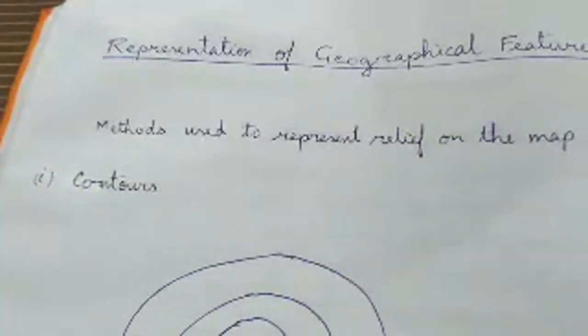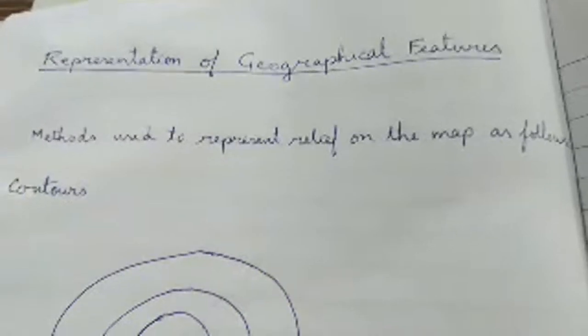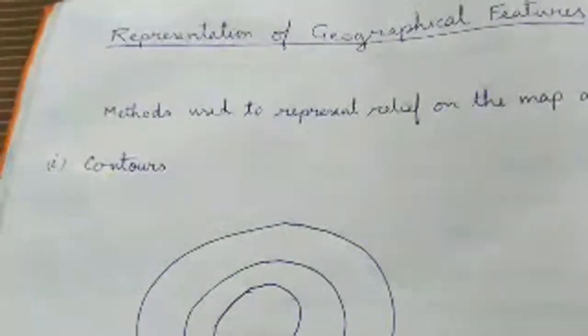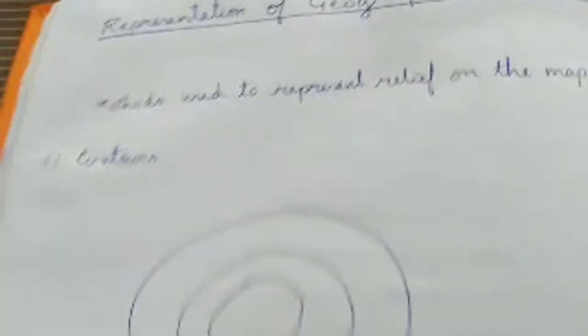The methods used to represent the relief on the map: you will find some different methods. Let me show you the different topics. Number one is hatching.